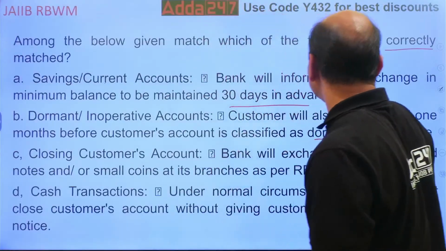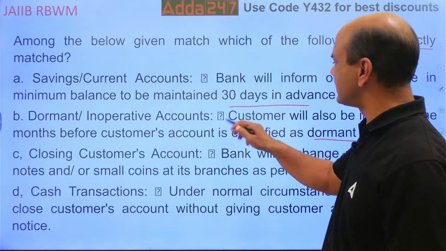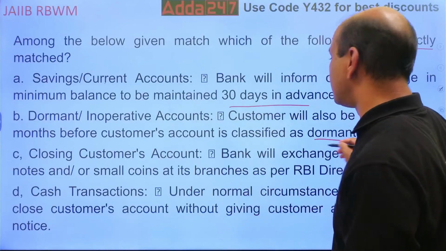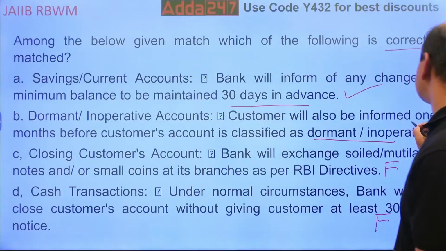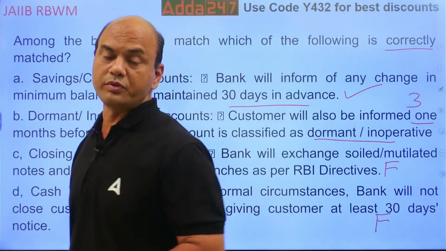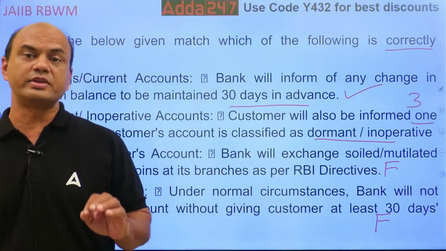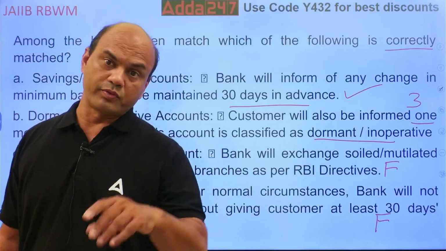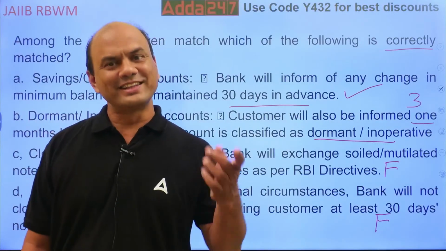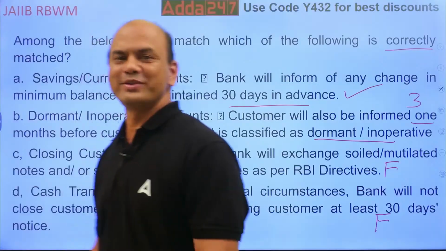Some of you will say, sir, this is also true now. No, this is not true. Why? Because here it's not 1 month. It is 3 months. If you want to transfer anyone's account to dormant, you have to inform that customer 3 months before. Okay, that's why this was tricky. A and B was tricky.